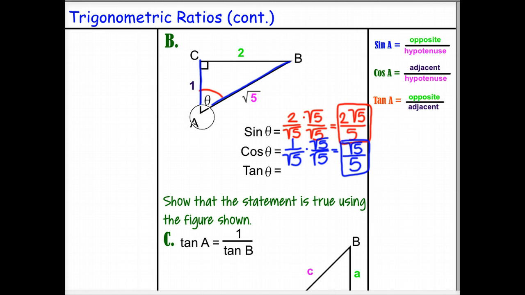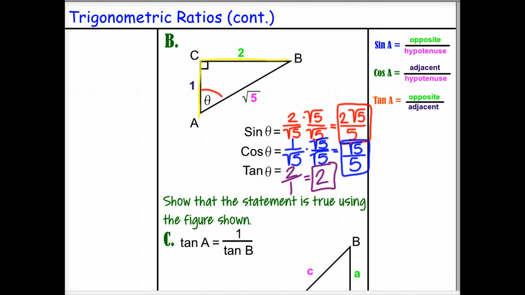And then finally, when we talk about our tangent, we have here opposite over adjacent, which in our case here is 2 over 1, which is 2.